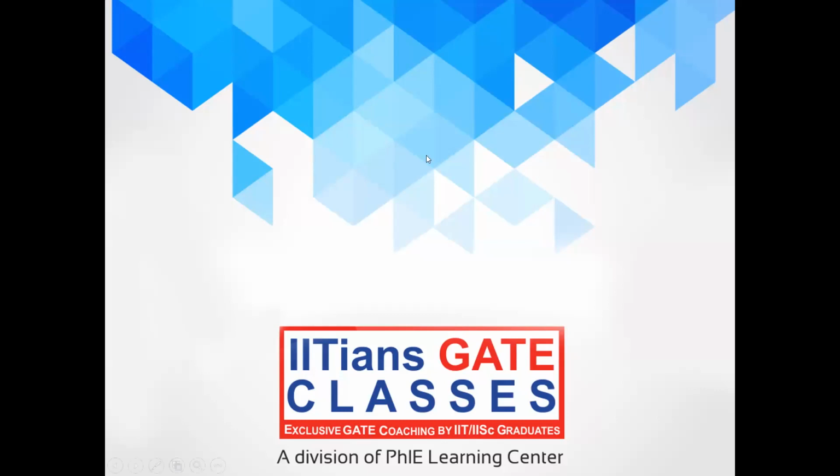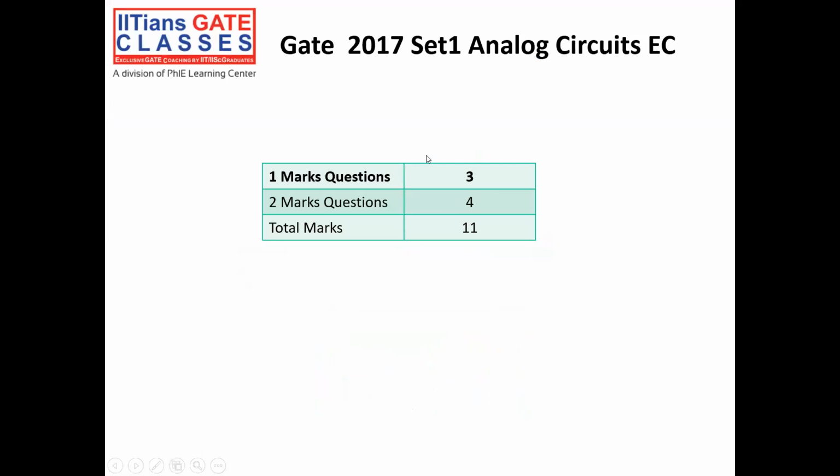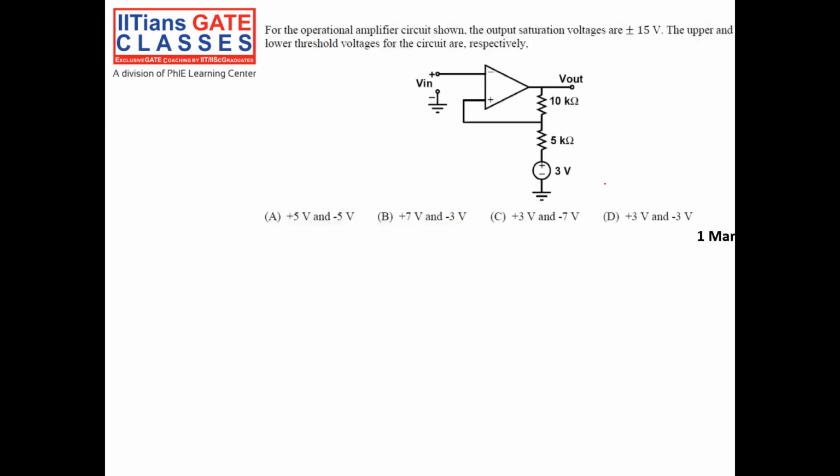In set 1 in 2017, there are 7 questions: 3 are of 1 mark and 4 are of 2 marks. So a total of 11 marks have been asked from this particular subject in 2017. Let us discuss all the questions one by one.